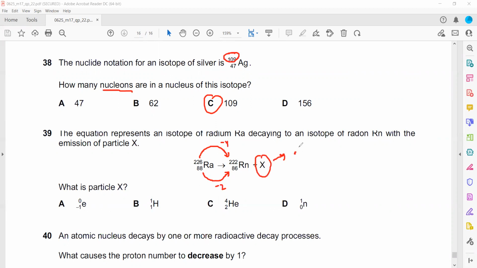That is alpha. And what is an alpha particle? Alpha particle is known, this is the symbol, or we also call it a helium nucleus, because helium contains 2 protons and 2 neutrons, the nucleus of helium, and alpha also has 2 protons and 2 neutrons. So which symbol should be there? It's an alpha particle or helium nucleus. So C is the right answer.